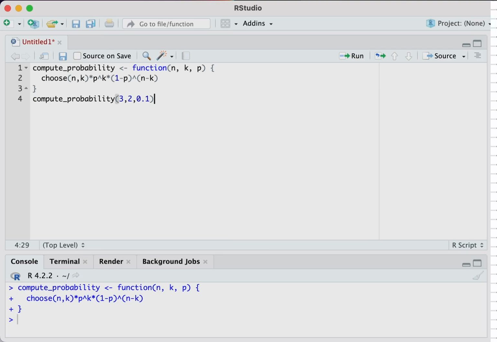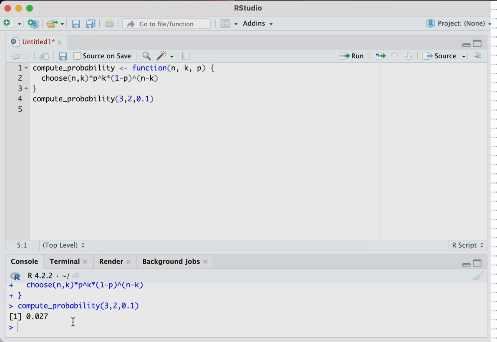Down here in the console, I'll write what we computed, which was 3 times 0.1 squared times 0.9. And great, we match, so we feel reasonably confident that this function is working.